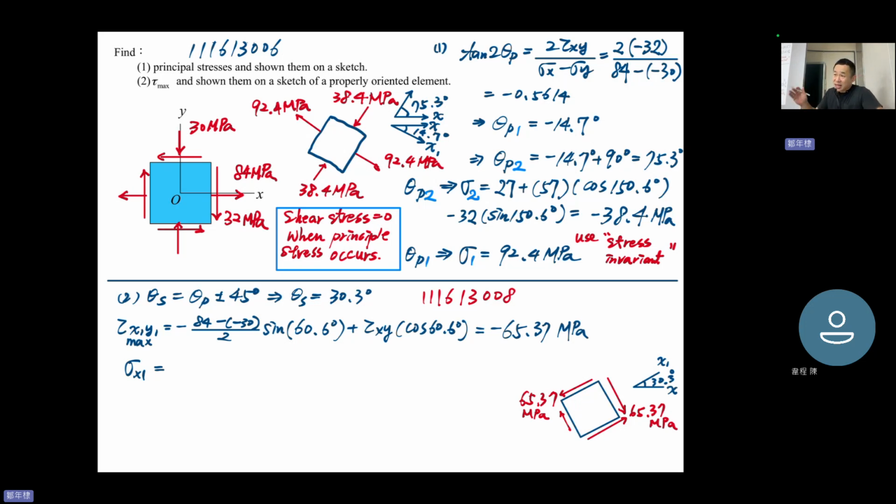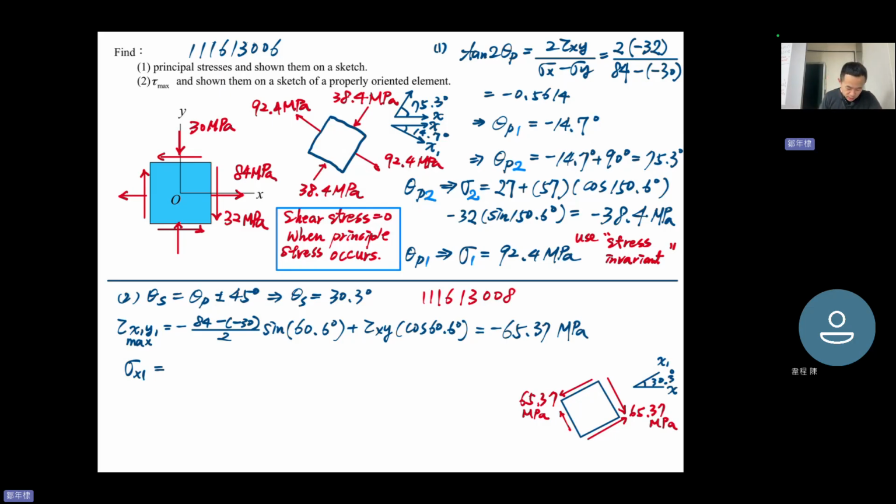Because when the maximum shear stress occurs, it doesn't mean that all the contribution of the stress will go to the maximum shear stress. It still needs to distribute its contribution to the normal stress.